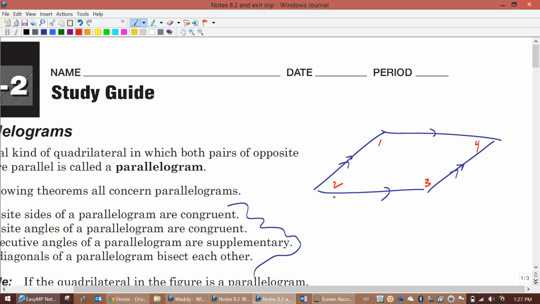Now, one of the other ones, we'll do the second one. Opposite angles in a parallelogram are congruent. Well, here's the explanation for that. Transversal, two parallel lines. Angle 1 is congruent to this angle on the outside, correct? They're alternate interior angles, so they're congruent.